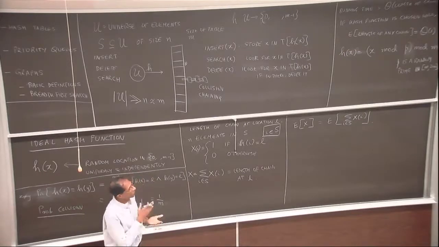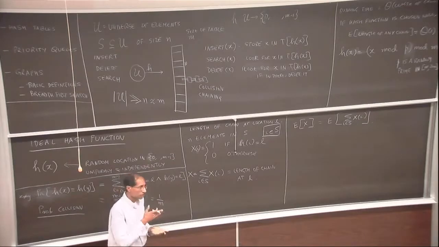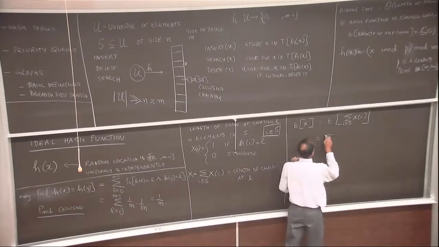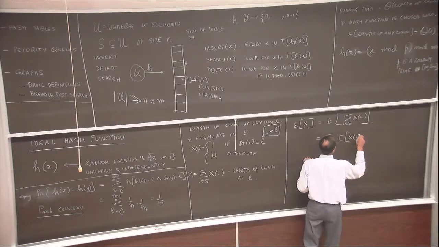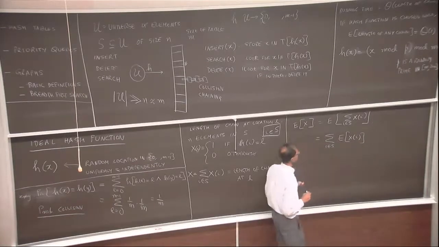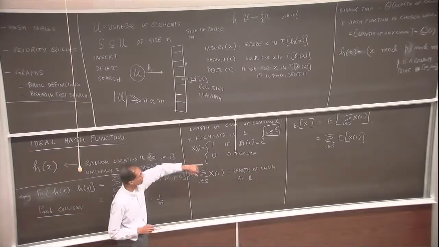And one of the crucial things in probability that you should always remember is that the expectation of a sum of random variables is exactly the same as the sum of the expectations of the random variables. It is equal to the summation of the expectation of x_i, i belonging to S.